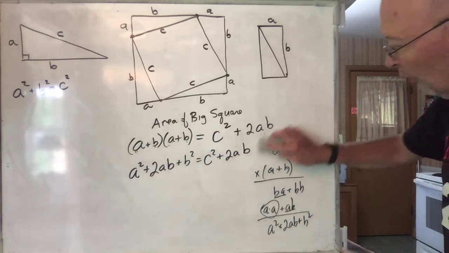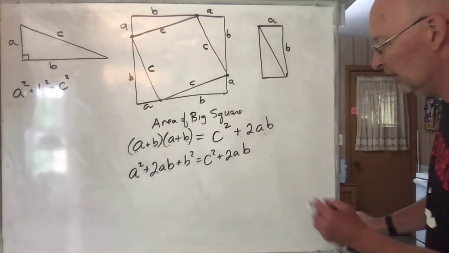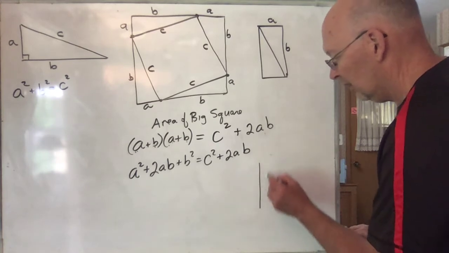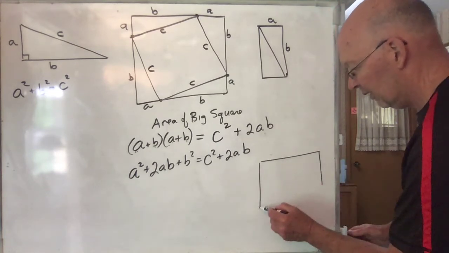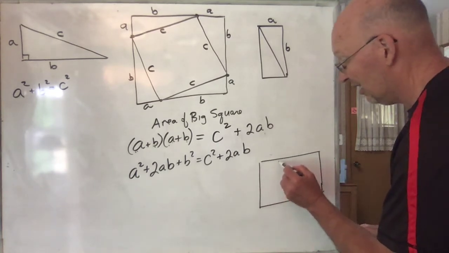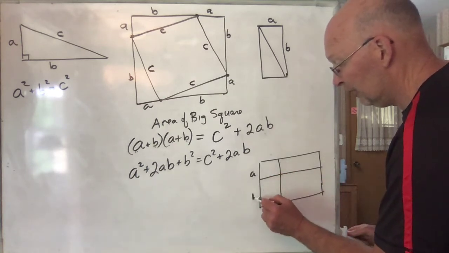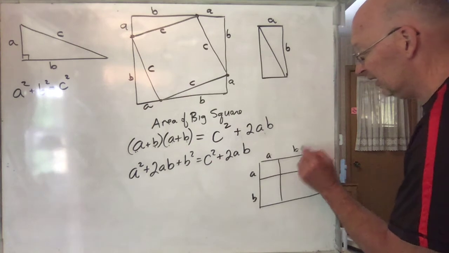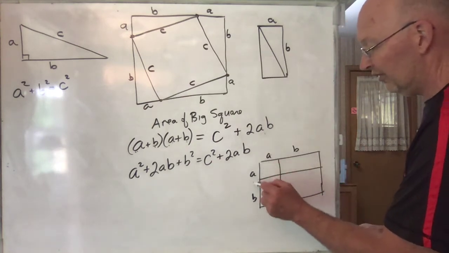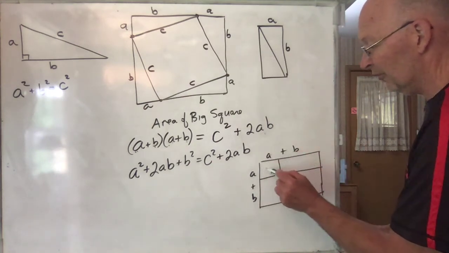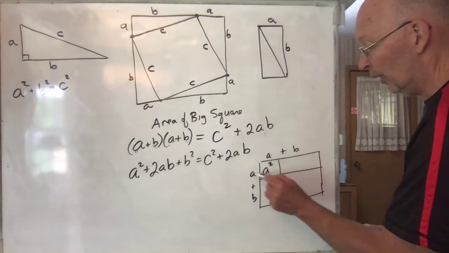So let me show you one more way of showing why that's true. If you have a here, b here, a here, b here, then what's a plus b times a plus b? This is a squared.